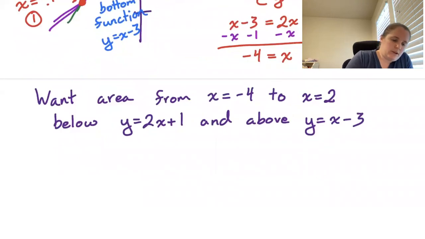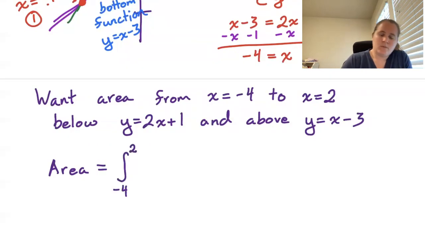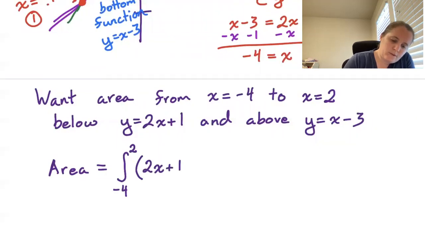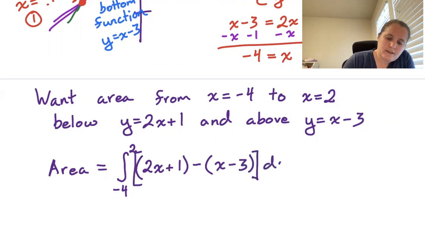So to find this area, we can just do the definite integral from -4 to 2. Those are the x boundaries, lower x and upper x, of our top equation, 2x plus 1, minus our bottom equation, x minus 3, dx.